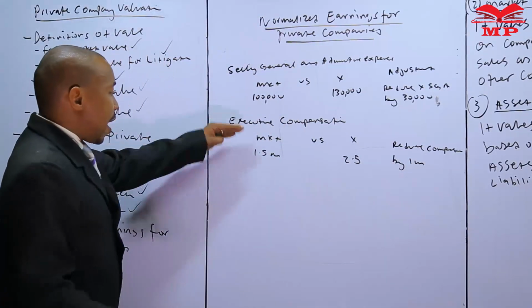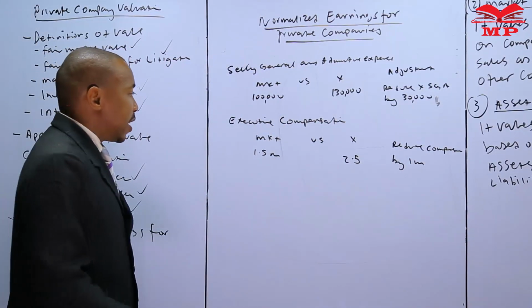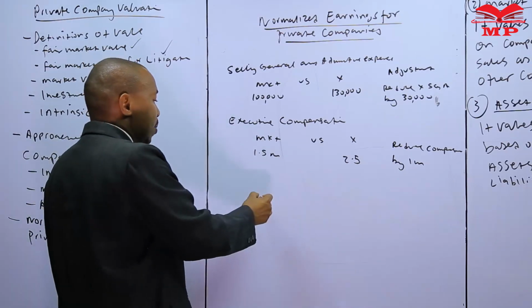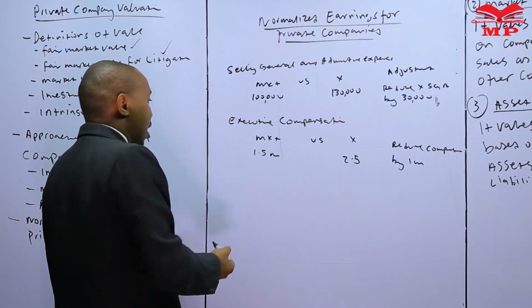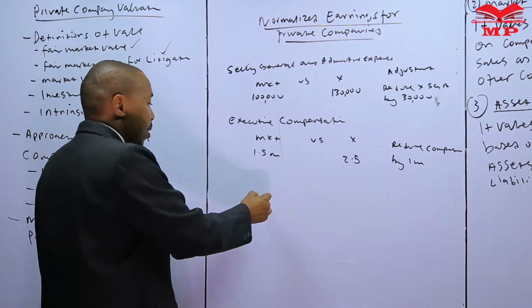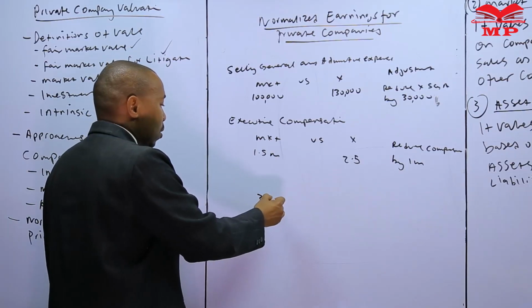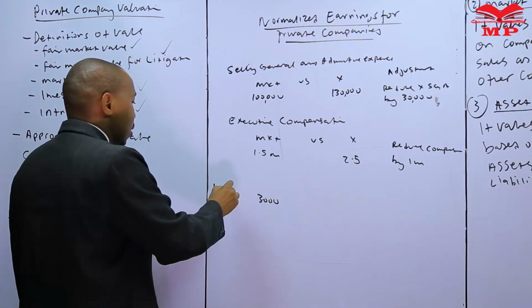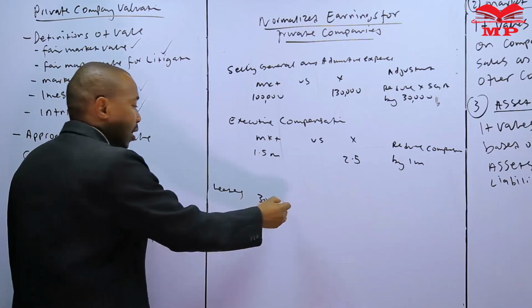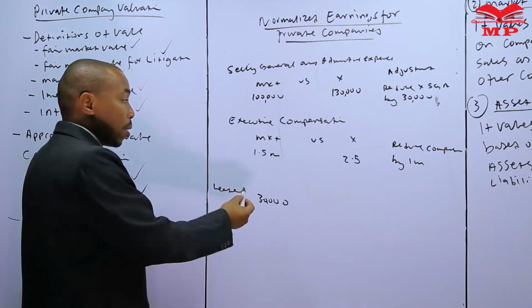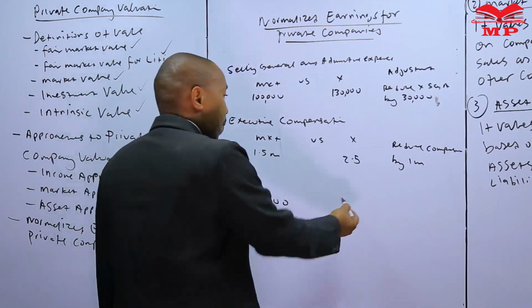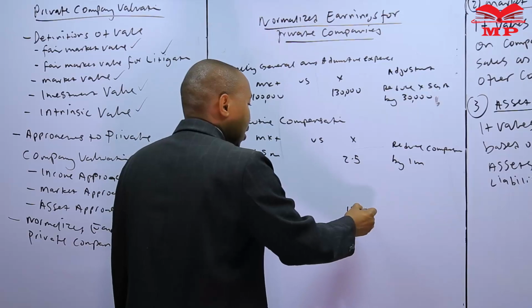However, for other characteristics, say leases, the market is 30,000, and for company X it is 15,000.